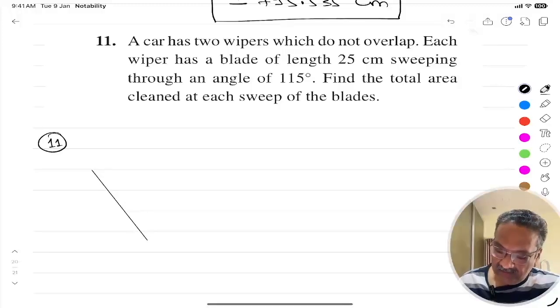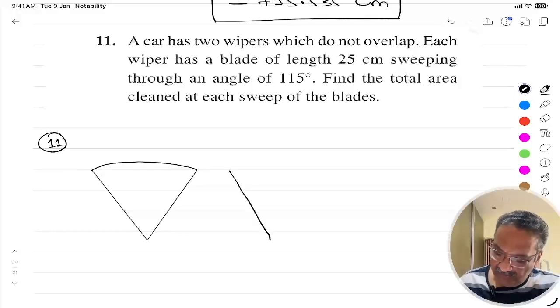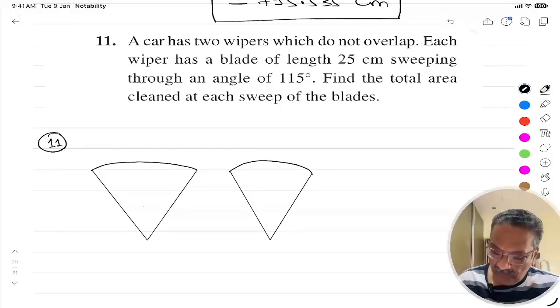Now there are two blades. So this is blade 1 and this is blade 2, both are the same.